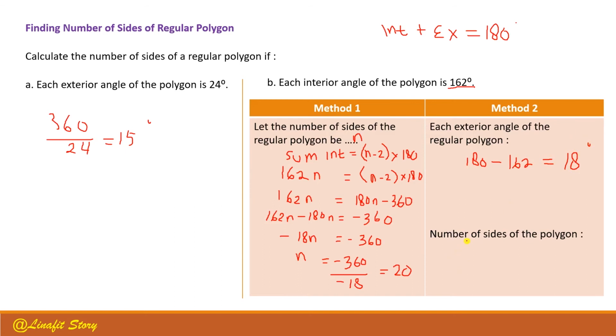So the number of sides of the polygon is equal to 360 divided by 18, which is equal to 20. So don't forget, the sum of exterior angles of any polygon is equal to 360 degrees.